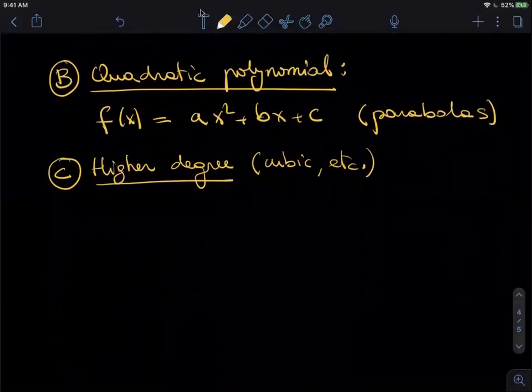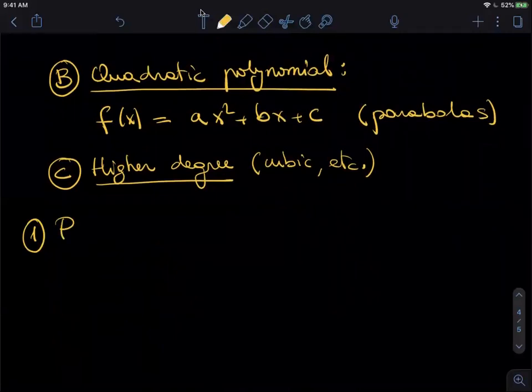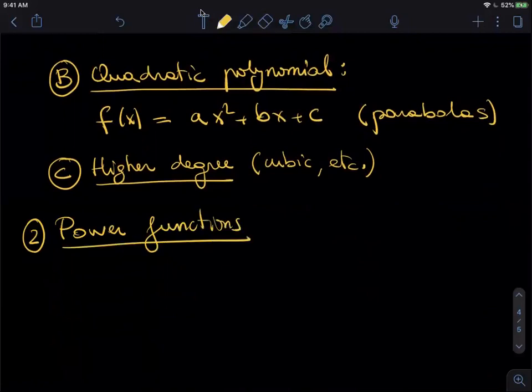So the second type of functions that we want to talk about are the power functions. The template is x to the power a. Here you could say, but didn't we do this already? No, we did when a is a positive integer.